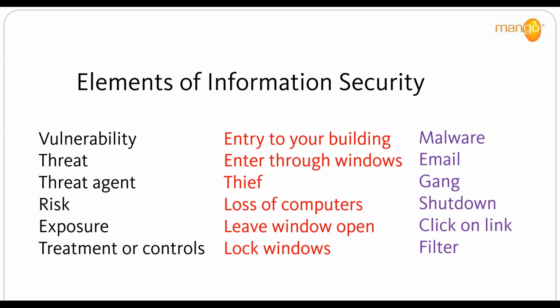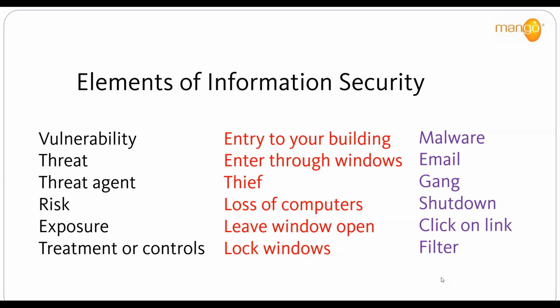Well, here's another example. Say, for example, malware. The threat could come through an email. The agent could be an overseas gang, or someone trying to send you some spam email. The risk is they could potentially shut down your information systems. The exposure, so how do you get attacked?